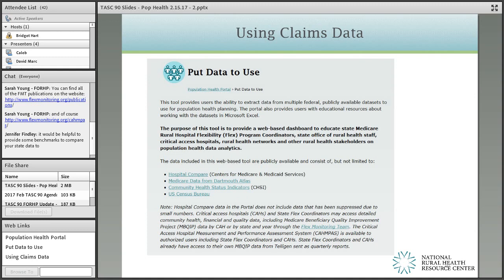And we were hearing through our work, especially with the summits that we had last year on financial leadership and rural provider engagement in value-based models, that there was a need for data analytics within rural hospitals and networks.